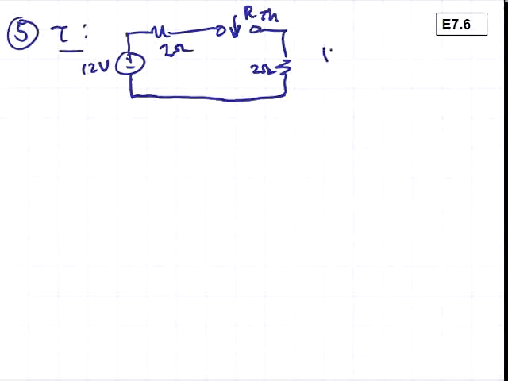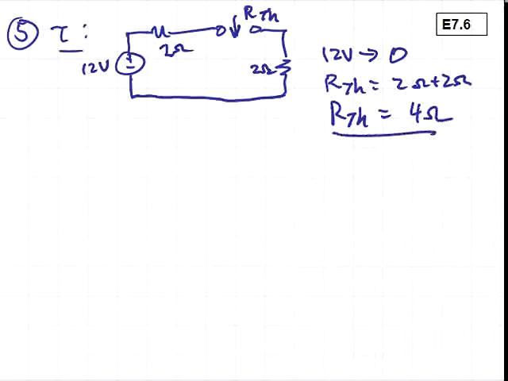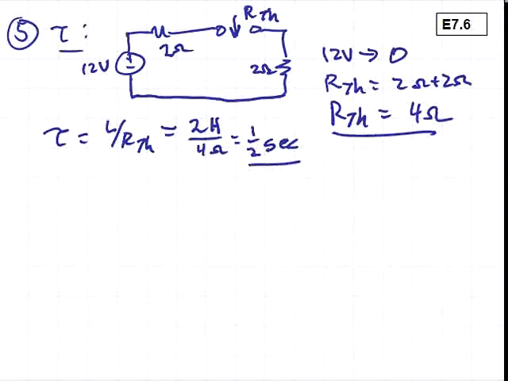Remember that we set the 12 volt source to 0, and then we look at the passive resistance in the circuit. R Thevenin will be 2 ohms plus 2 ohms, or 4 ohms. Then the time constant will be L divided by R Thevenin, which is equal to 2 henries for the inductor divided by 4 ohms. This is 1/2 second. The units of the time constant are time.